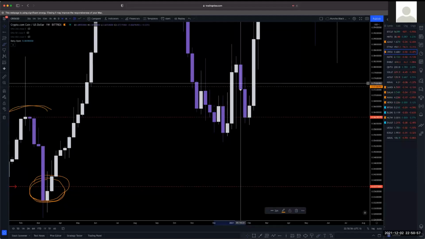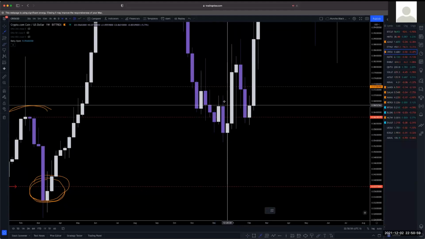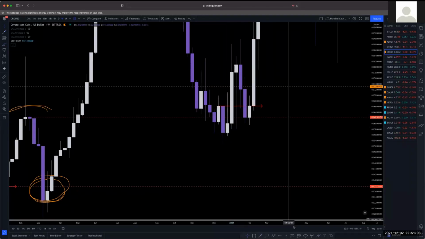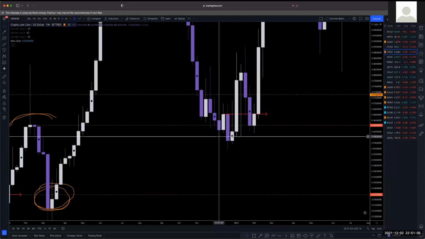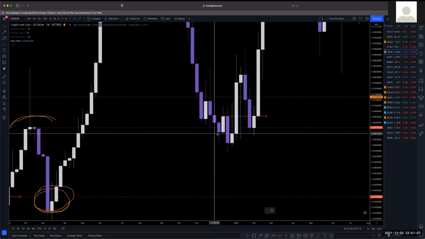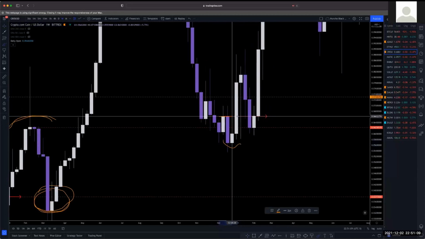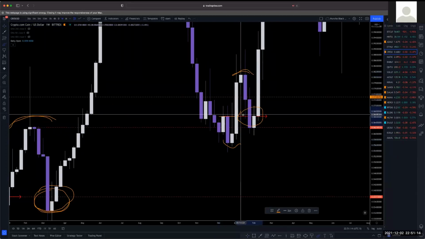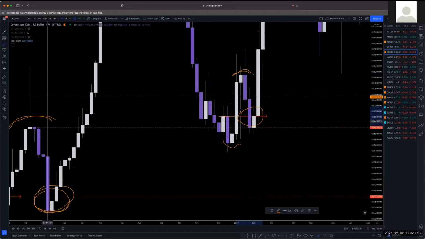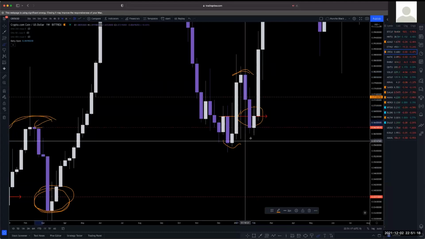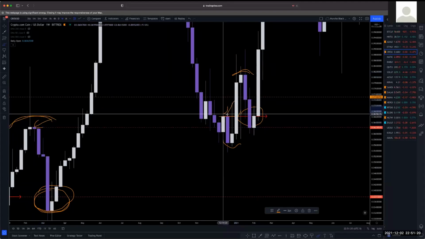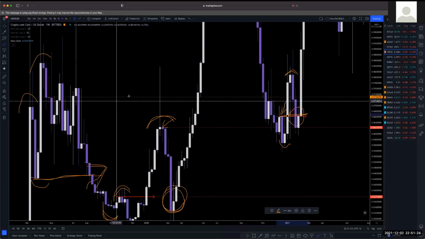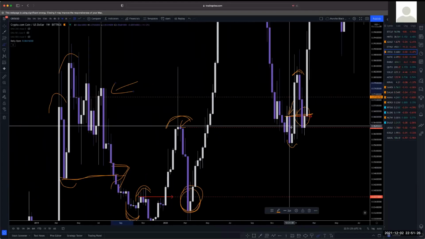Oh, I didn't even draw an arrow. One second. Right there. And notice, we created a lower low that broke structure to the upside and created a higher high. And look what we came right back down to: both our previous daily resistance level and our new daily resistance level, along with confirming that our weekly resistance level was valid as well.